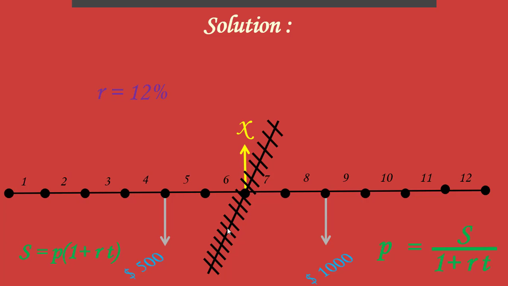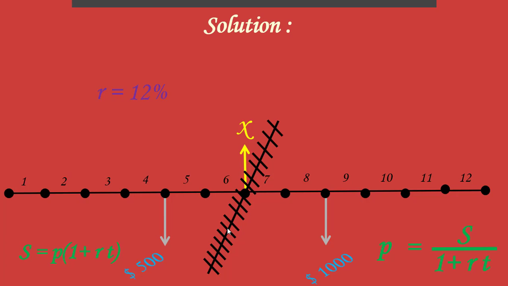The second case, when the focal date lies before the maturity dates of old and new obligation. So, the present value of old obligations equals the present value of new obligations.